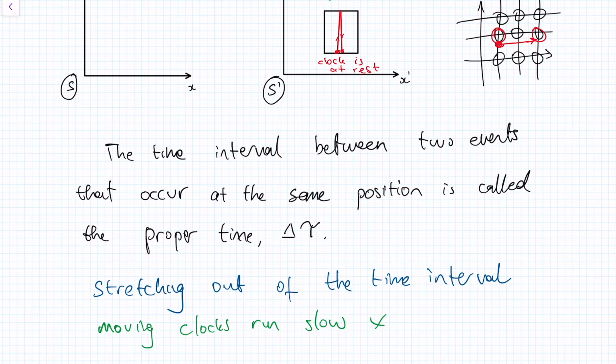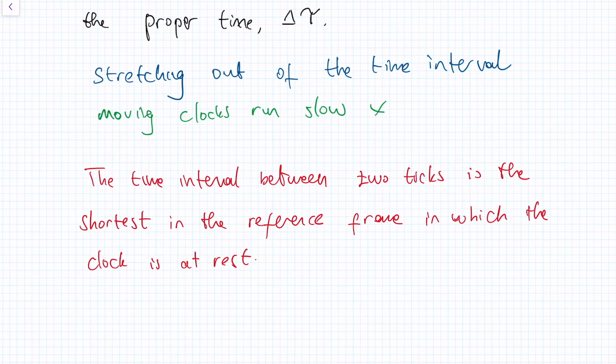I'll write that down. Okay, so the time interval between two ticks is the shortest in the reference frame in which the clock is at rest. Okay, so the time interval between the two ticks is longer.